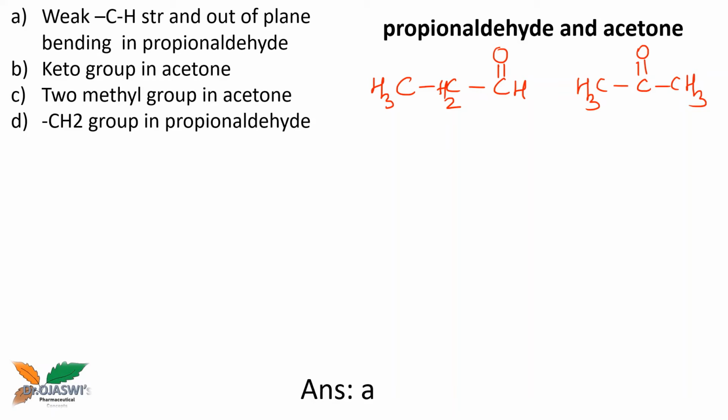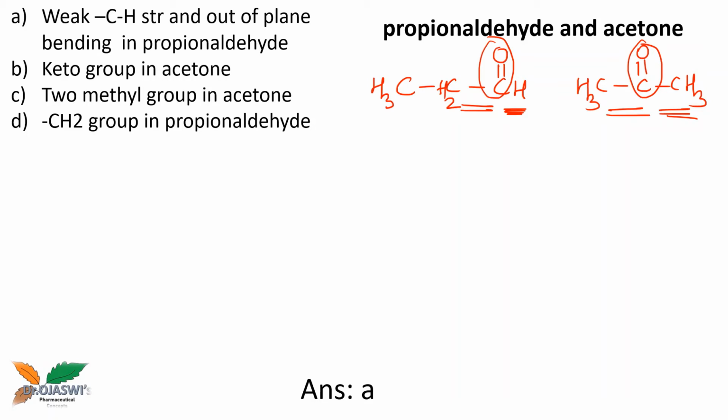So we can see here the carbonyl group is common. Here carbon carbon bond, here also carbon carbon bond, but here it is carbon hydrogen bond, whereas on this side of acetone also it is carbon carbon bond.